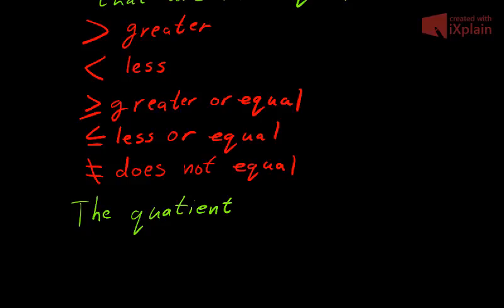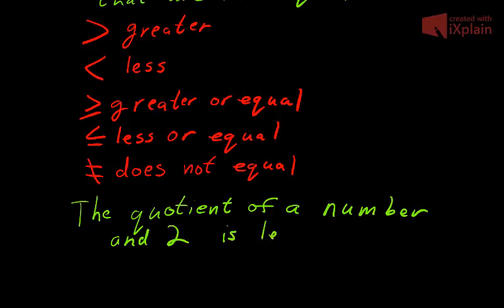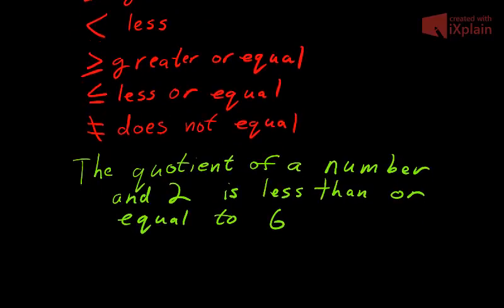Quotient has an O, not an A. Of a number and 2 is less than or equal to 6.